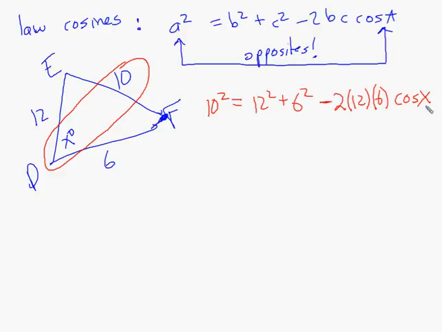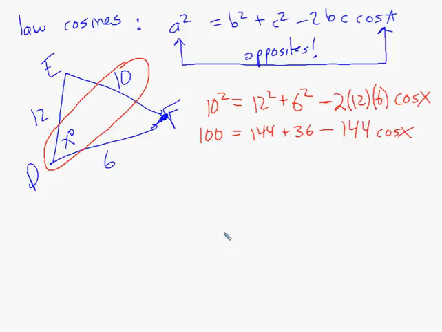We need to remember not to combine these all together because this makes it not a like term. So I have 100 equals 144 plus 36 minus 2 times 12 times 6. Watch your signs. That's a negative 2, making this negative 144 cosine x.